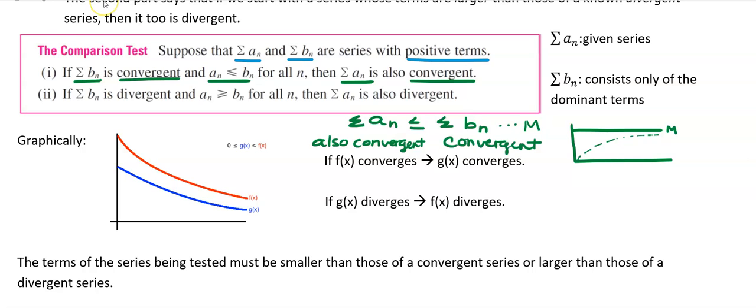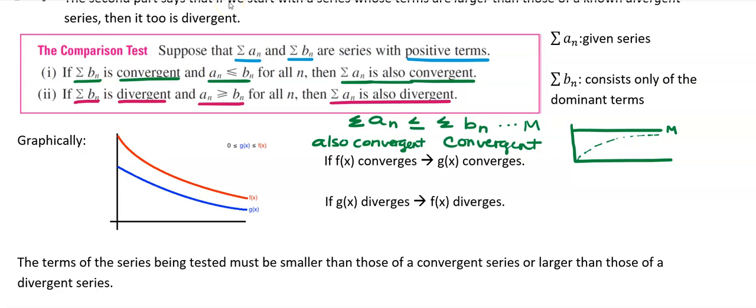And the other view of this is talking about divergence. So if we know that b sub n is divergent and a sub n is greater than b sub n, then a sub n is also divergent.